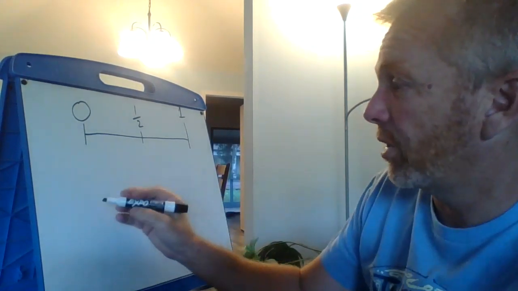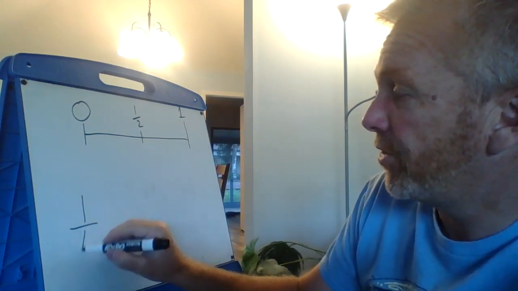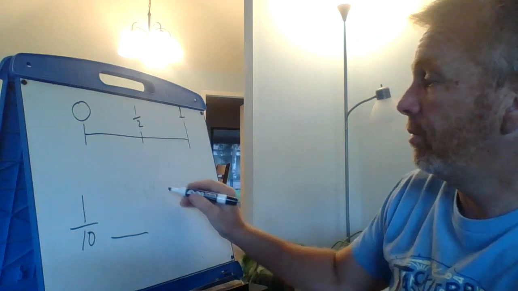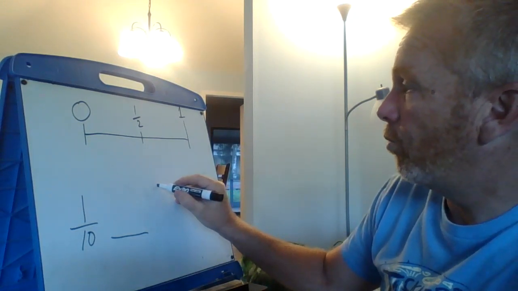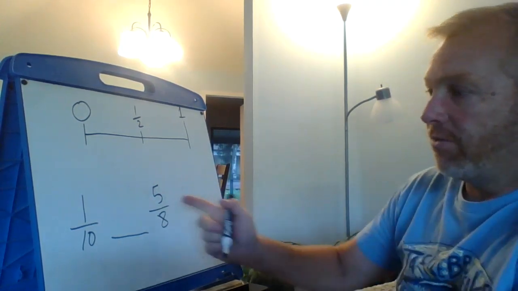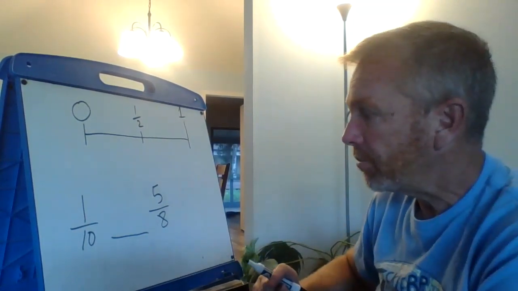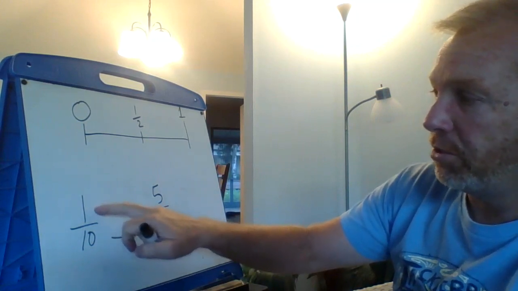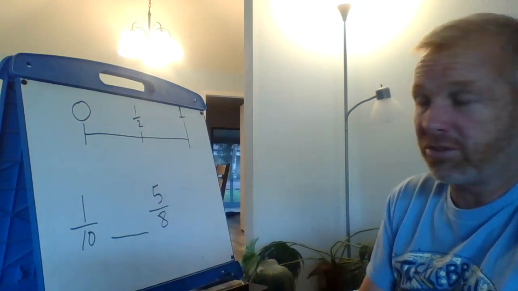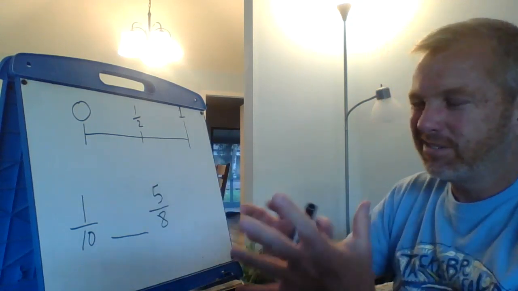So let's look at two fractions. We're going to have 1/10 is greater than, less than, or equal to, let's say 5/8. So if I were to put this on this number line using the benchmark, the first thing I'm looking at is the relationship between the numerator and the denominator. Here I have it cut into 10 parts, and I only have 1 of those, so that's not a lot.